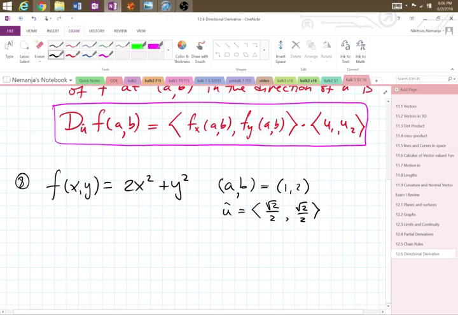Yeah, partial derivative of x is done separately from partial derivative of y. Yeah, well, in this particular case.